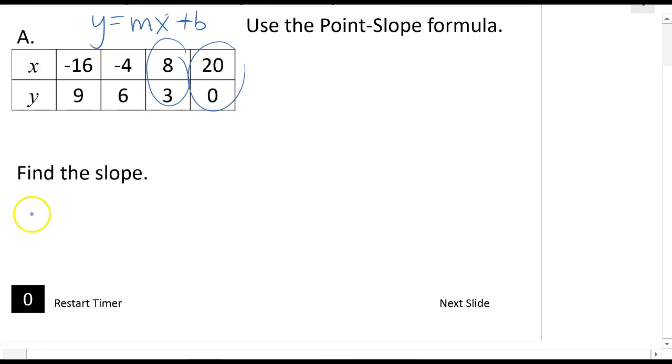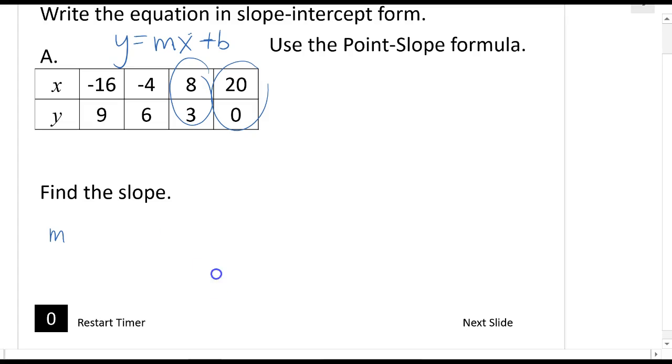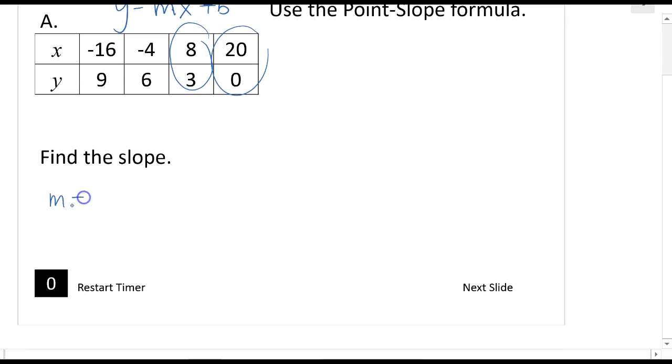Now to find the slope, what I want to do is take the y values, and I'm going to do the second y value minus the first, over the second x value minus the first.